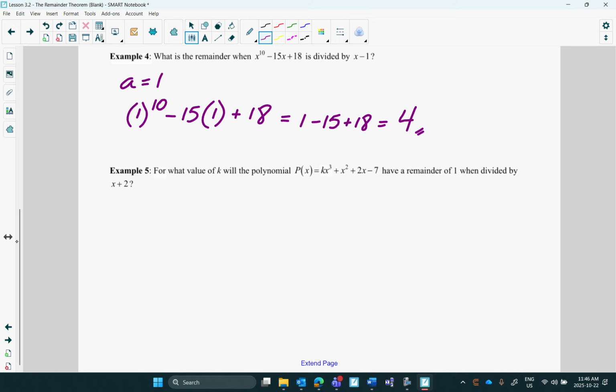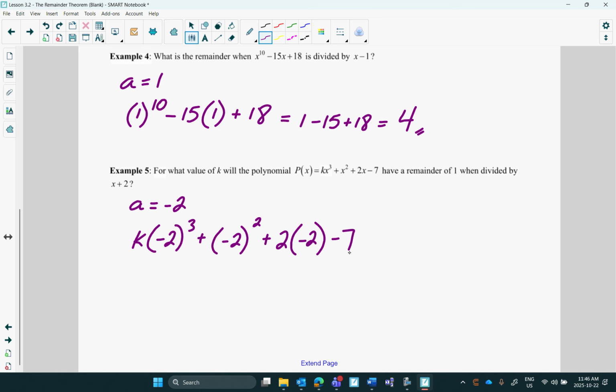To find the remainder, what would I plug in for x? Negative 2, right? This a is negative 2. So if I plug in, I get k times negative 2 cubed plus negative 2 squared plus 2 times negative 2 minus 7. That's going to give me the remainder, right? Well, we're told what it is. It's going to equal the remainder of 1.